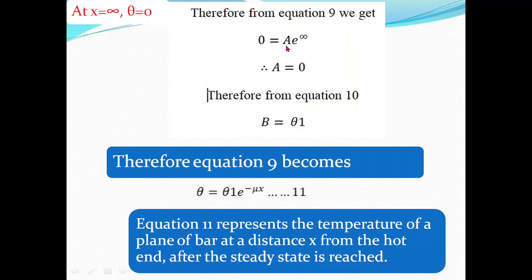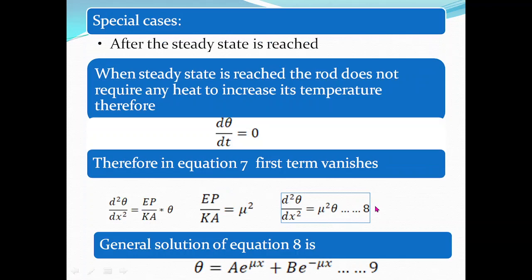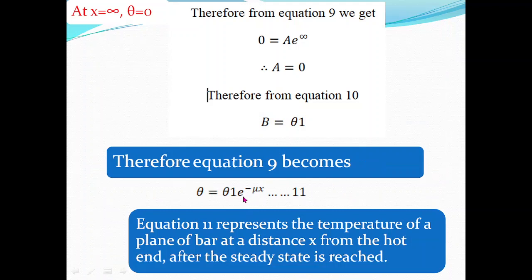Therefore we get 0 equal to a e raised to infinity. Since e raised to infinity is infinity, infinity into a is equal to 0 means that a must be equal to 0. Therefore in equation 10, a is equal to 0 and b is equal to theta 1, so theta is equal to theta 1 e raised to minus mu x.